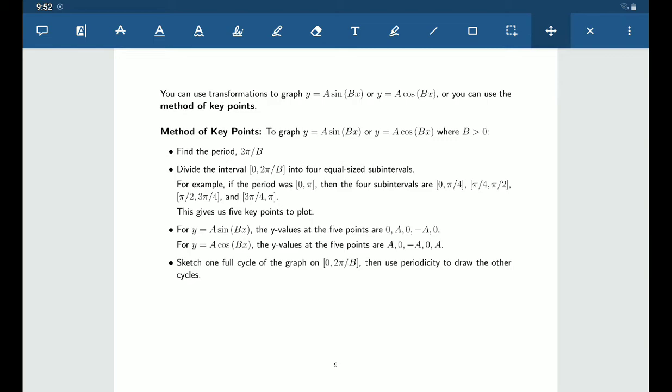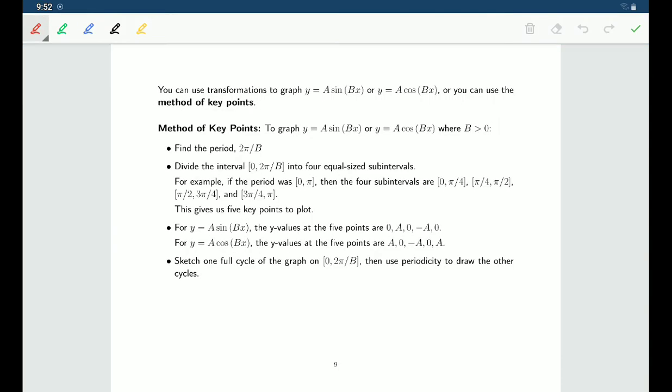So the idea here is, since we know the key points for the sine graph, and we know how to carry out the vertical stretch that we have in front or the horizontal compression, by multiplying the y values by a, by dividing the x values by b, essentially we can do a graph of a transformed sine function or a transformed cosine function all in one step.